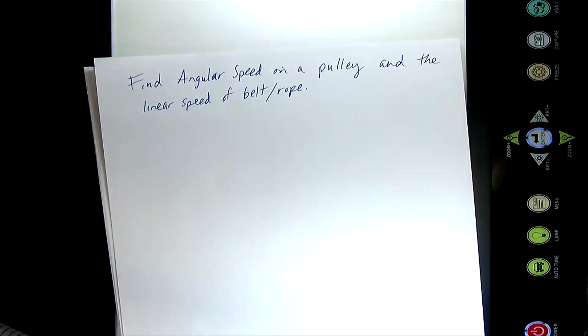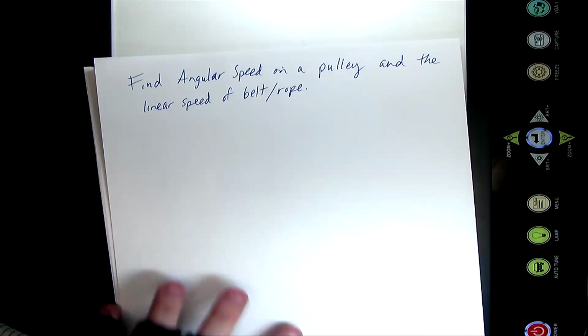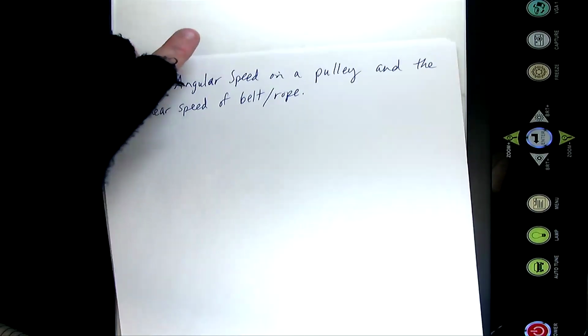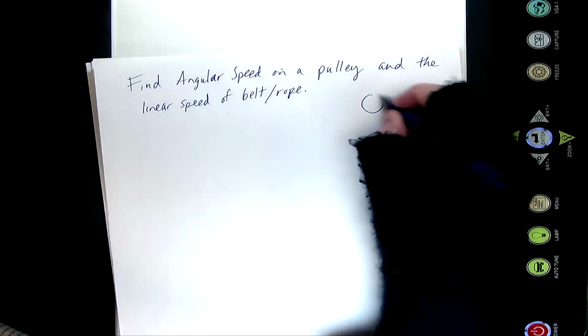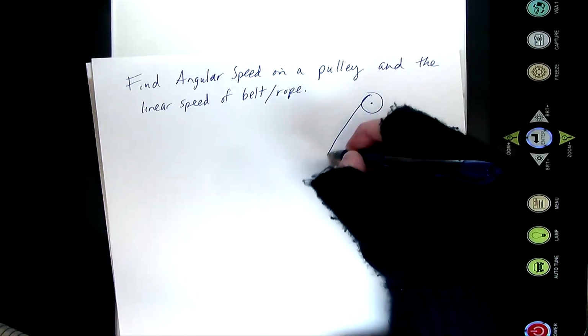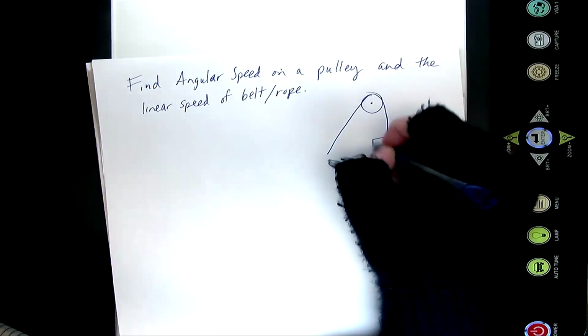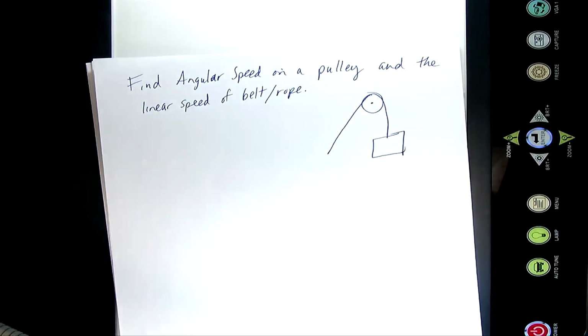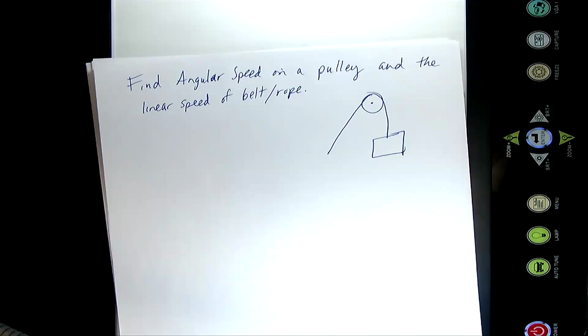We call it a belt when it's on an engine, basically if a machine's doing it. And if a person's doing it, it's generally a rope. But a pulley is literally having something like this. You hoist up a weight by pulling on a rope. Why did we come up with this? Lifting is hard work.